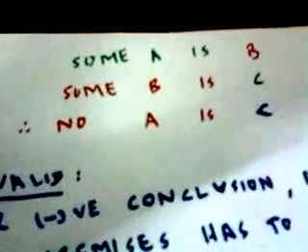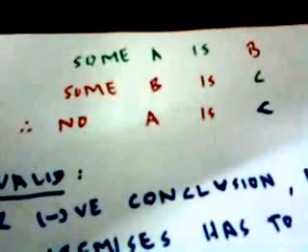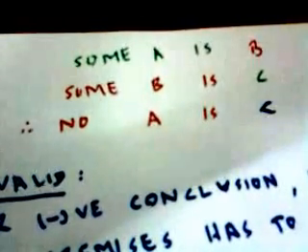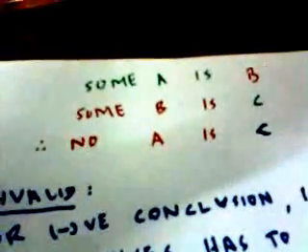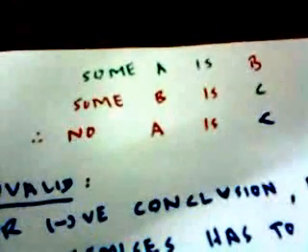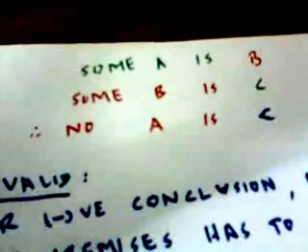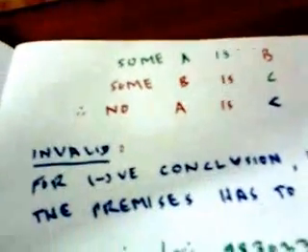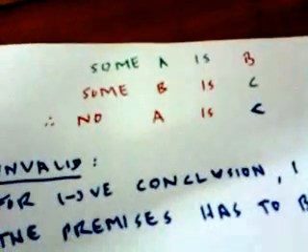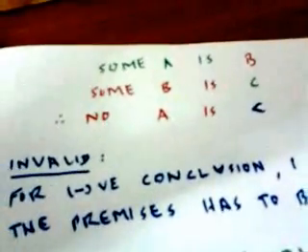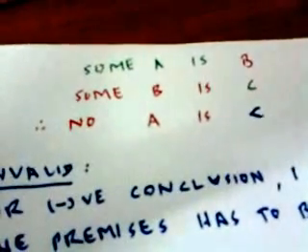Again, another syllogism type. Some A is B, some B is C, no A is C. The first two statements are true, we have to check for the conclusion. Again, by looking at the syllogism, we can just say it is an invalid syllogism. The conclusion is invalid. Why? We have a negative in the conclusion.